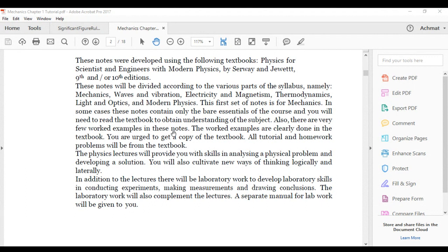And the tutorials, I will give some examples at the end, and for the problems that you need to work through, we will as far as possible make use of the examples or problems in the textbook. Here and there we will include extras. In chapter 1, especially, I will include quite a few extras.